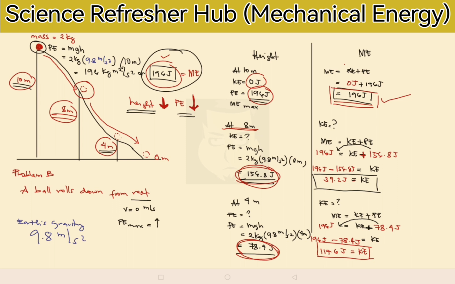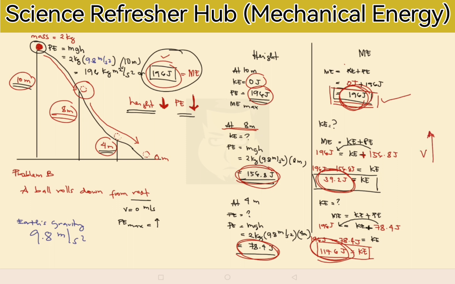Okay. For example, 196, that's the maximum mechanical energy. It's not the kinetic energy yet. It's the potential energy, right? It's resting. But once it begins moving, it starts from the value 39.2 joules, and then speeds up and it becomes 117.6 joules. So yeah, the velocity there is also increasing.